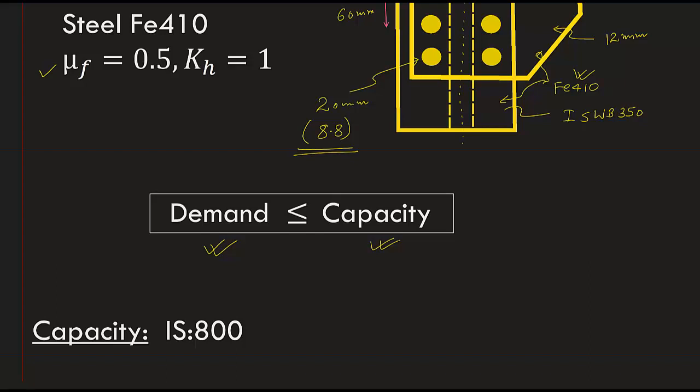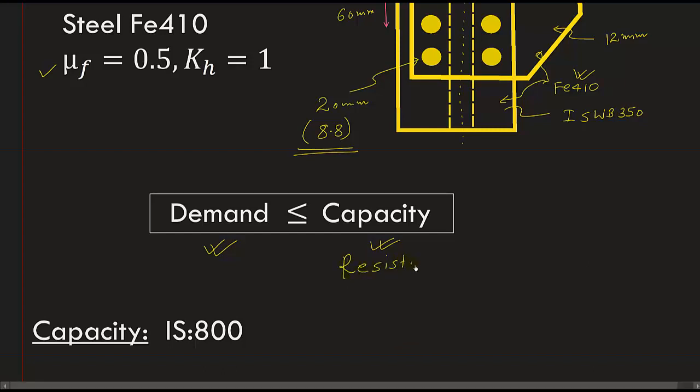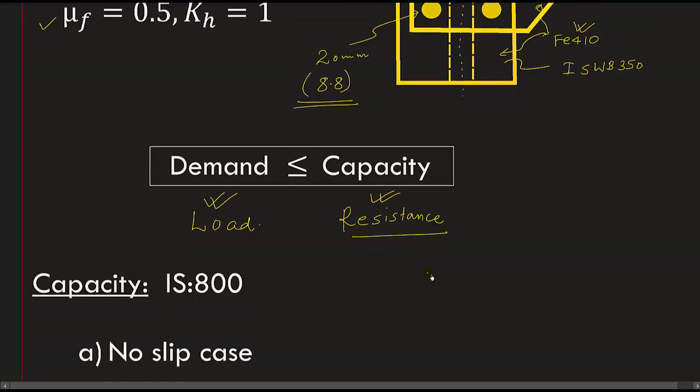For the system to be safe, demand must be less than the capacity, that is, the amount of load coming to the system must be less than the resistance provided by the system. So capacity is nothing but resistance, and demand is nothing but the load that is coming to the system. So how do we find capacity?